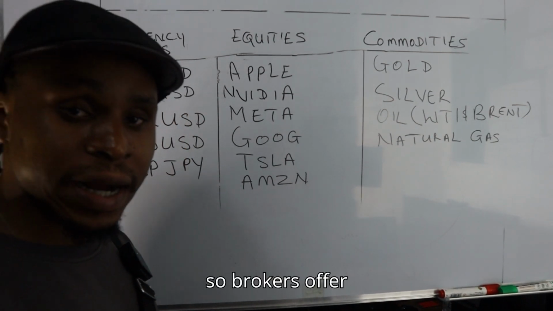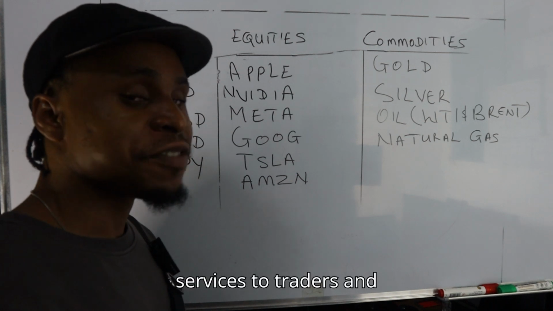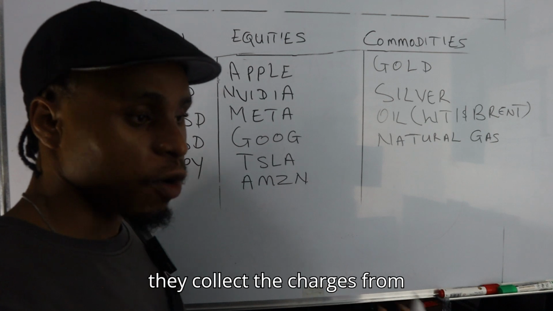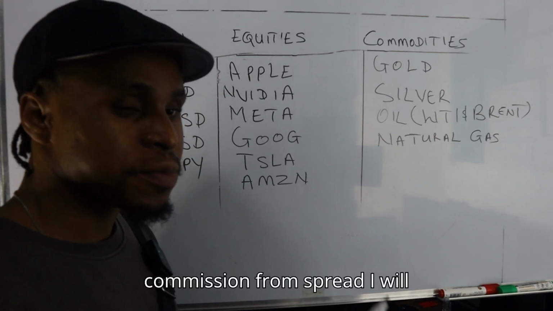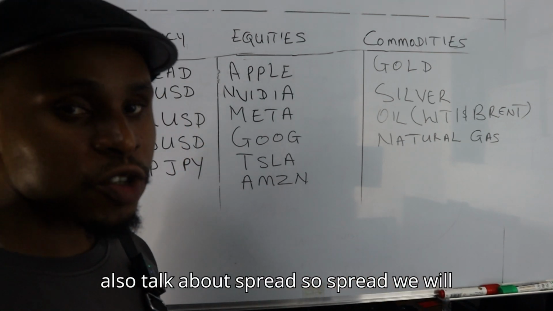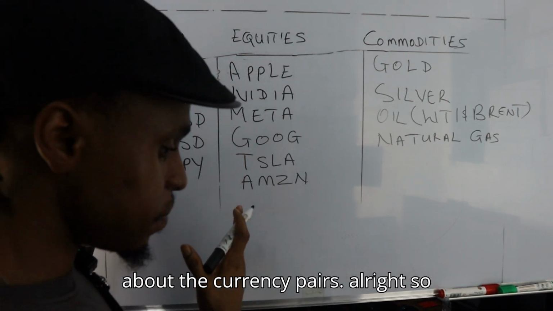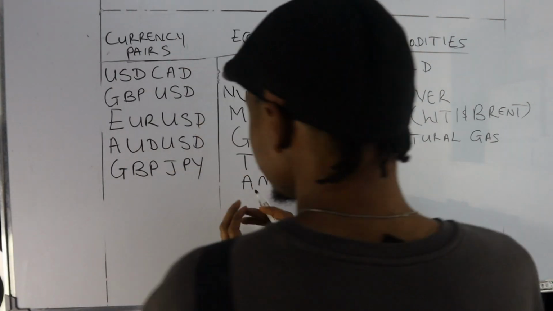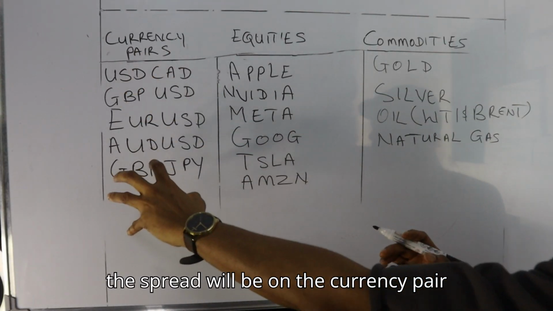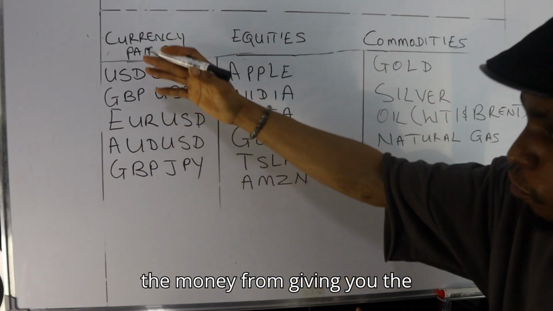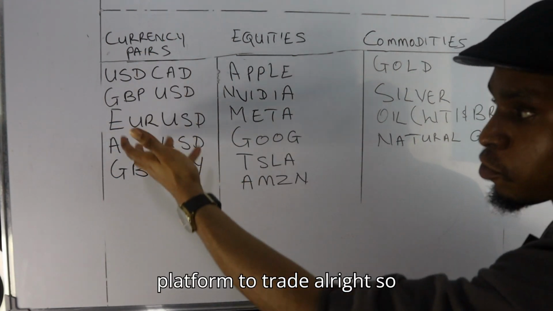Brokers offer services to traders, and they collect their charges from commission and from spread. We'll talk about spread when we are talking about currency pairs. The spread is where brokers collect the money for giving you the platform to trade.